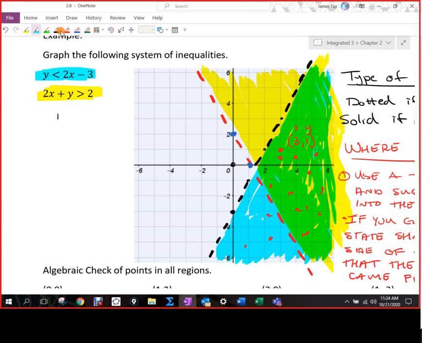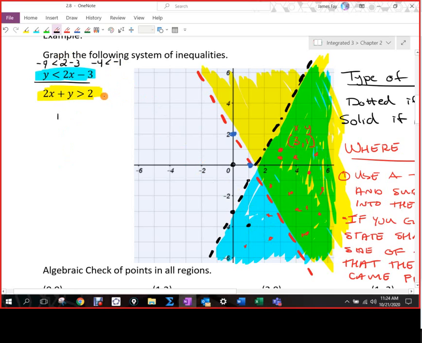So if I chose this point right here, let's go, so 1, -4. If I go 1, -4, I go -4 there. 2 times 1 is 2, minus 3. I get -4 is less than -1. Is that true? Is -4 less than -1? So that point right there satisfies that inequality.